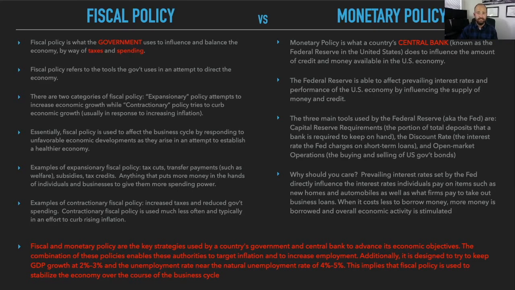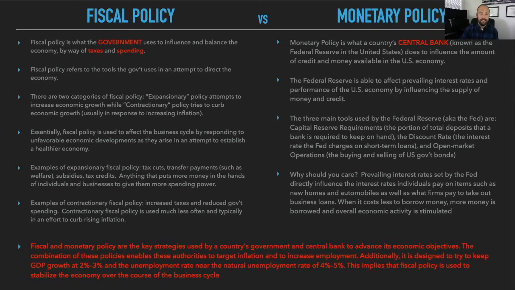Changing tax policies are going to influence the economy and the stock market in several ways. First of all, as it relates to individuals, it's going to affect the proportion of income that individuals are keeping, and thus the amount of funds that they're going to have available to them to either spend or save. And as far as companies are concerned, changing tax rates are going to affect their profitability, and in turn, the amount of funds that they're going to have available to either reinvest in their own growth or to redistribute to shareholders.